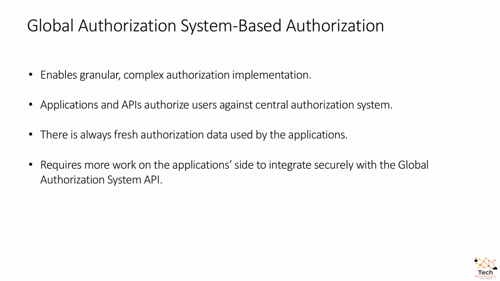So this approach requires more work on the application side. More implementation, because we have to adjust applications and APIs to be able to securely talk to this authorization system API to check whether the user is authorized or not.